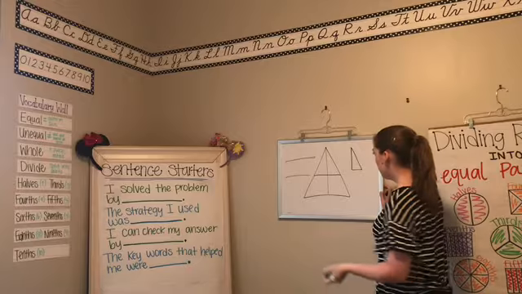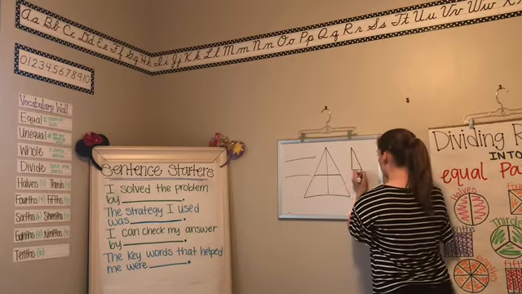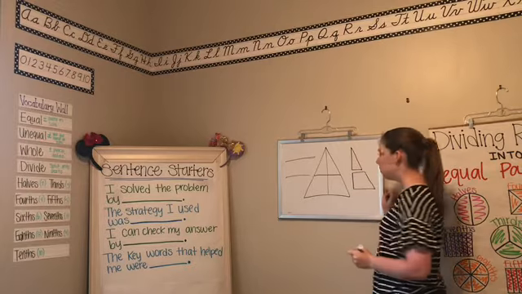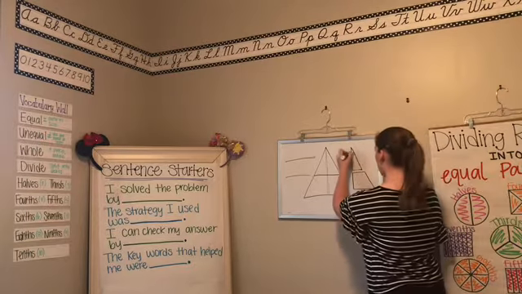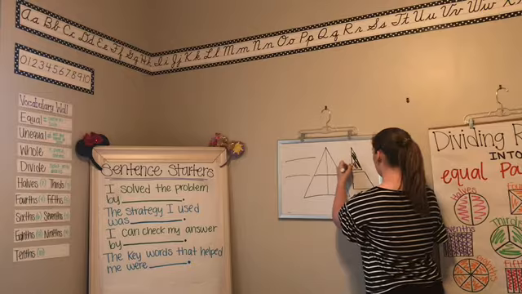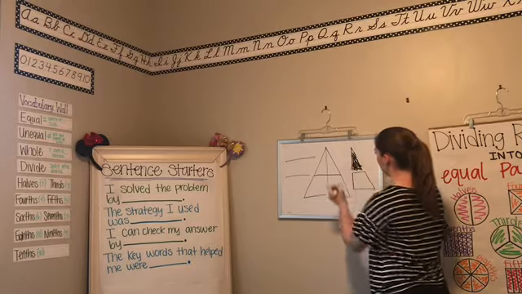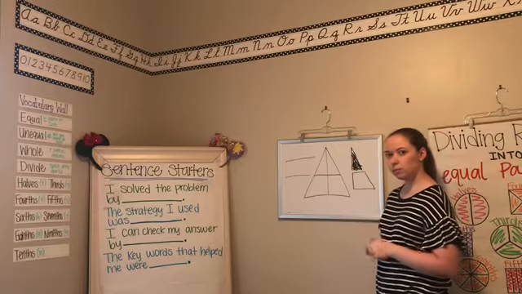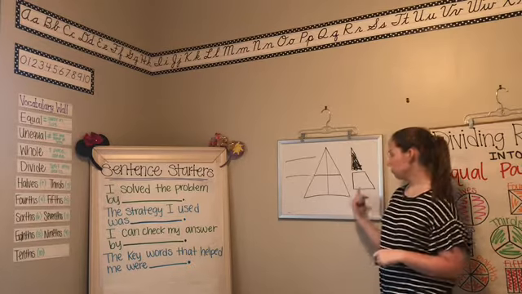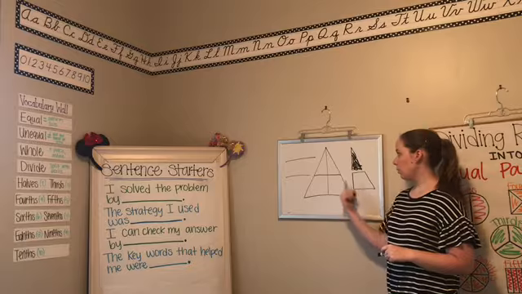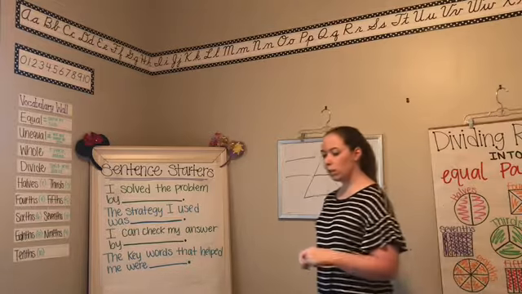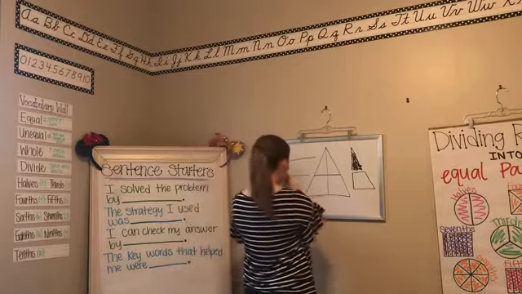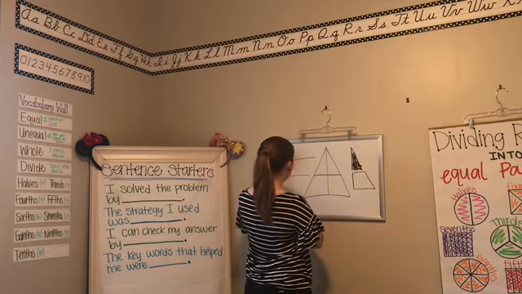Okay, and then the bottom shape looks like this. If we're looking at this shape versus this shape, which one is bigger? Yeah, I would say this one too. So does that mean that these parts are equal or unequal? Right, they are unequal. So we're going to write unequal right here.